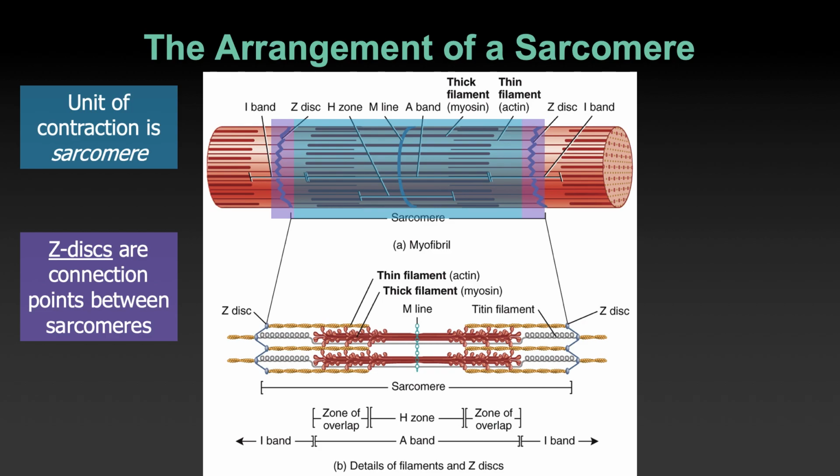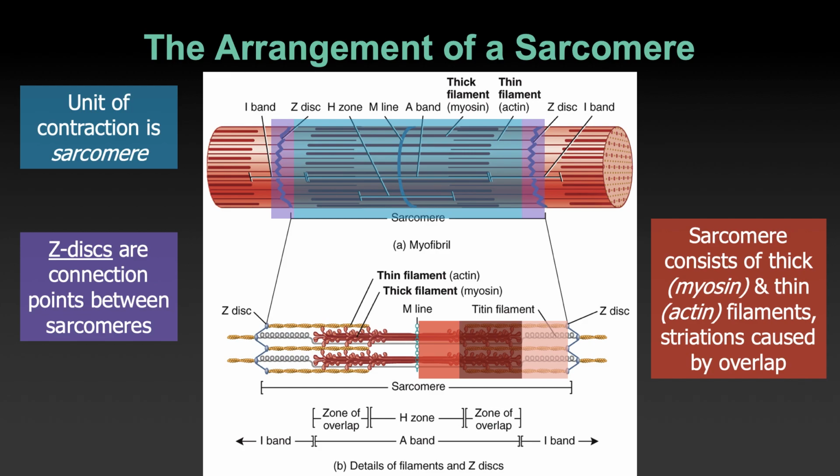You can see some different characteristics of the sarcomeres. The sarcomeres themselves are made up of multiple filaments. It's filaments all the way down. Sarcomeres are made up of overlapping thick and thin filaments. And it's these filaments that are activated to contract the muscle.